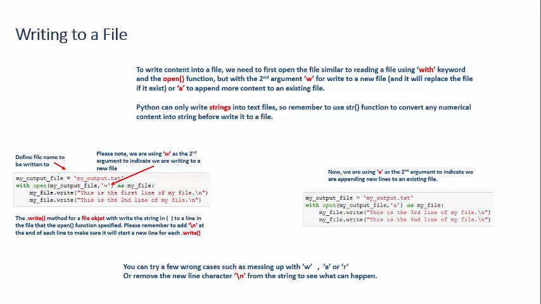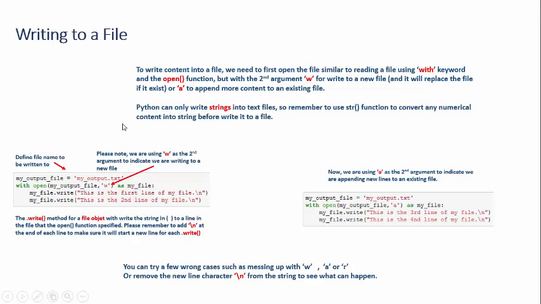Okay, we finished how to read a file, and now let's go to the next step of how to write your data, your text, into an external file. To write content into a file, we need to first open the file, similar to reading a file, using the with keyword and the open function.